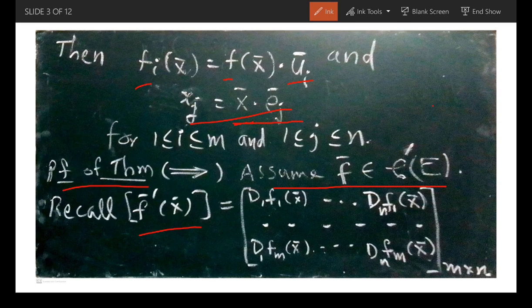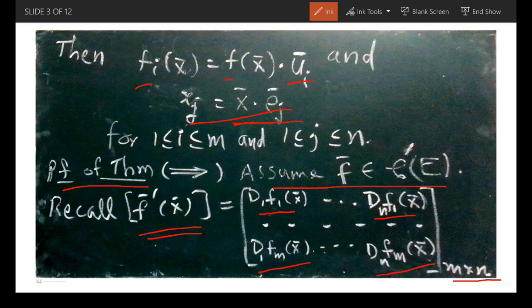What is the matrix of f'(x)? The matrix of f'(x) can be represented in terms of the partial derivatives of f. So this m by n matrix, D1 f1 at x, etc., Dn f1 at x, etc., D1 fm at x, etc., Dn fm at x, represents the matrix of the linear transformation f'(x).